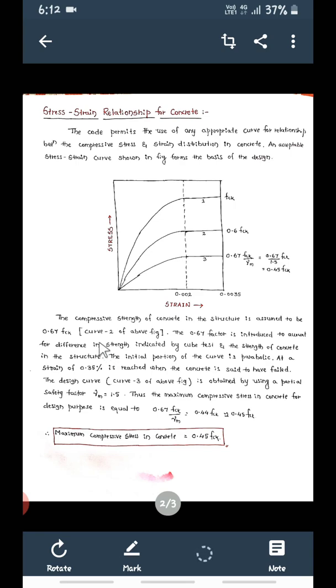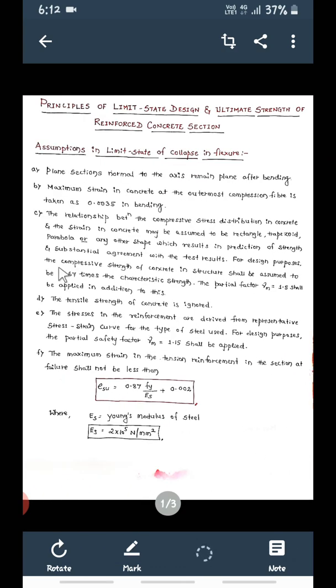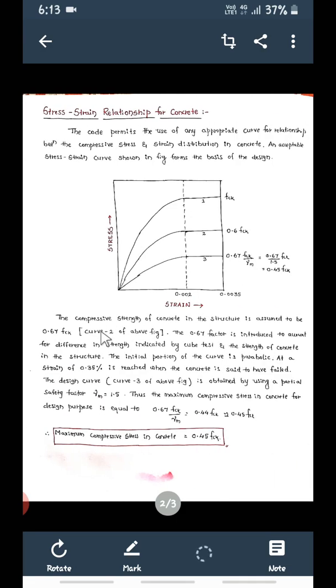Now see, the compressive strength of concrete in the structure is assumed to be 0.67 fck. In the previous article also we have seen 0.67 times fck. That is curve number 2.